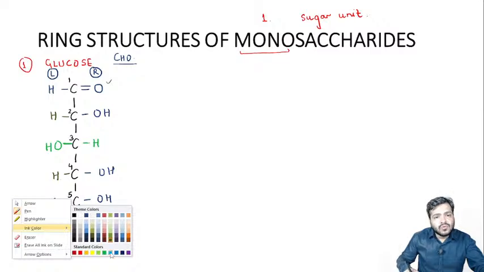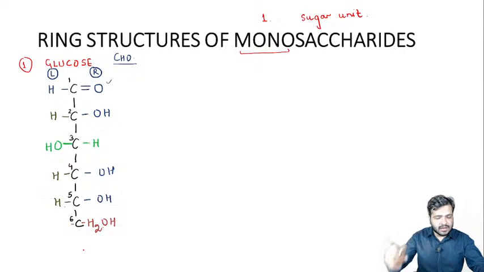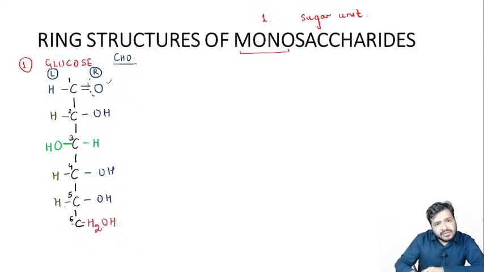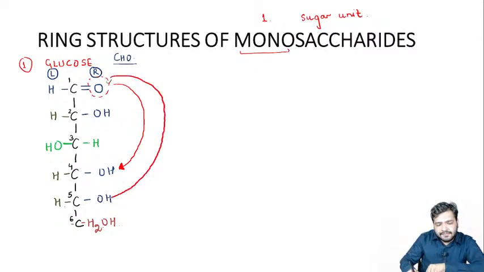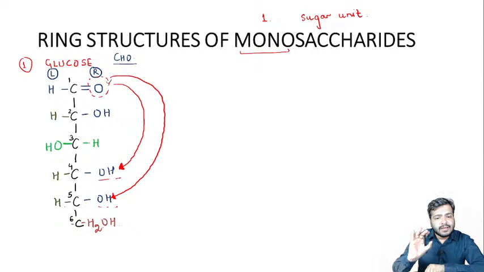Now coming to the concept of how to make a ring structure from this. Remember, this oxygen can react with the fourth OH group also, and this oxygen can also react with the fifth OH group.